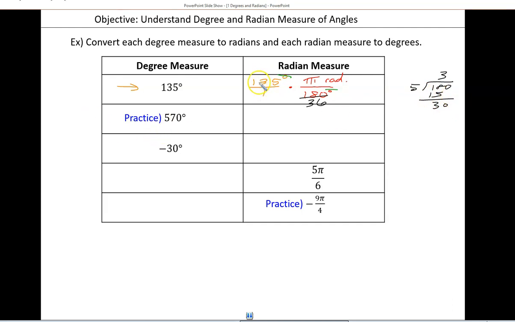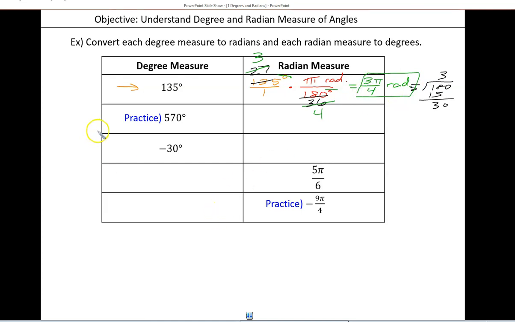And division by 5 here is going to give me a 27. So now, oh, I can see I'm not quite fully reduced because 27 and 36 are both multiples of 9. So I'm going to divide by 9, which will give me a 3 and a 4. So now what I have is 3/4 pi, or 3 pi over 4. So I've got 3 pi over 4 radians. And that would be my radian measure.